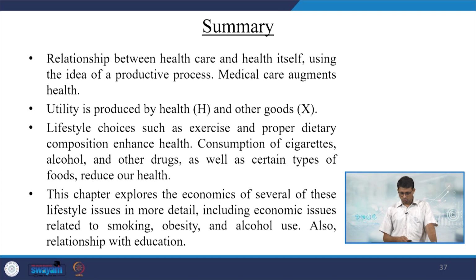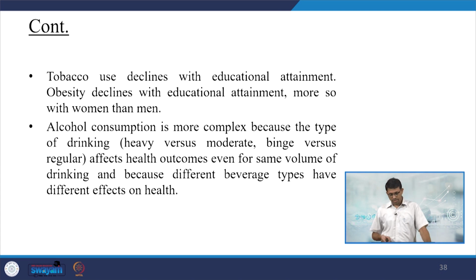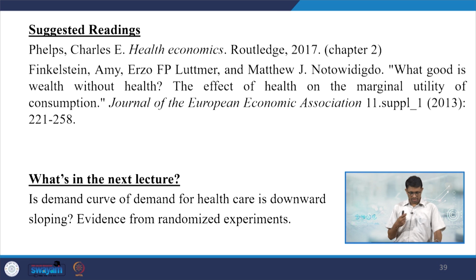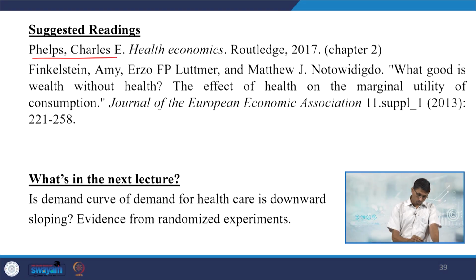I think you should also go through our assignments, and in the next chapter we will be discussing very clearly the demand curve for healthcare products. How is it really downward sloping? What are the different evidences through randomized experiments from different scholars will be emphasized in our next lecture. So, please read the chapters we have mentioned, and most importantly the papers by Finkelstein et al., which we have also referred to in our work.